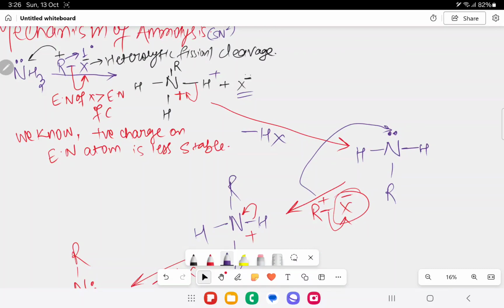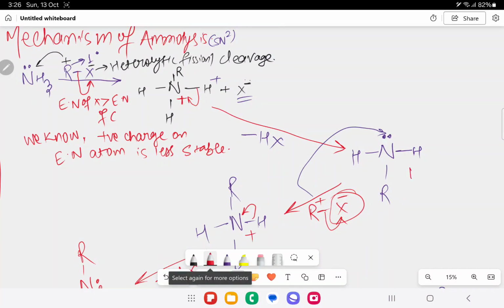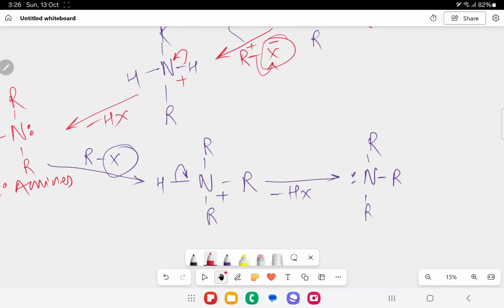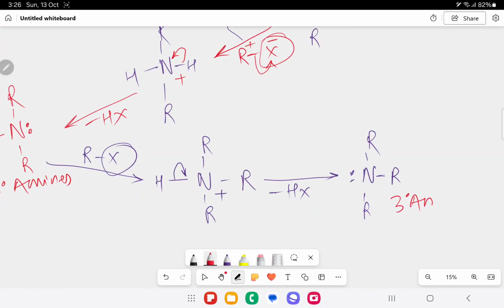So in the first step you will get what? In the first step you will get 1 degree amines. In the second step you will get 2 degree amines, and in the third step you will get 3 degree amines.